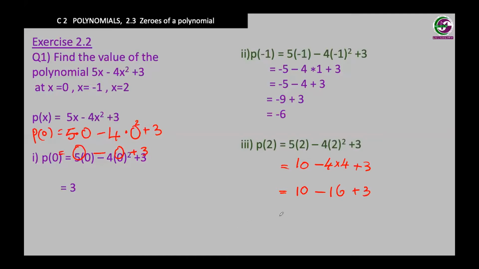Now we have to follow the order of operation. Here it is plus and minus, we subtract. So negative 6 plus 3. Now we have different signs, so we subtract. Your answer is negative 3.